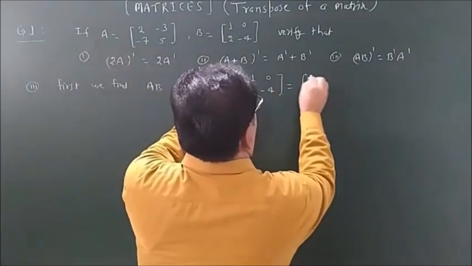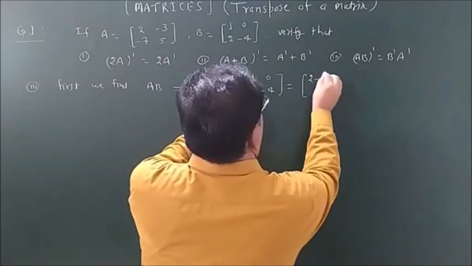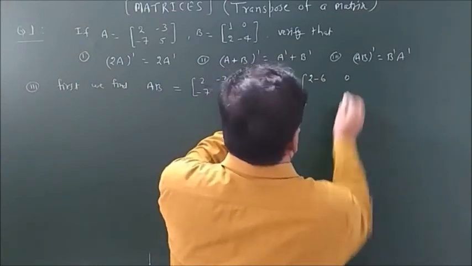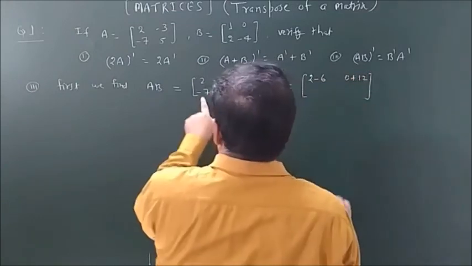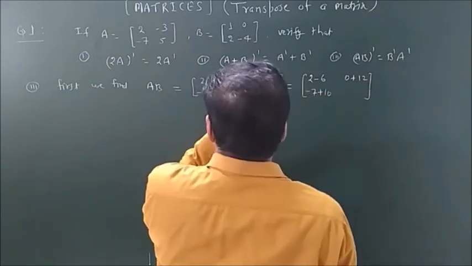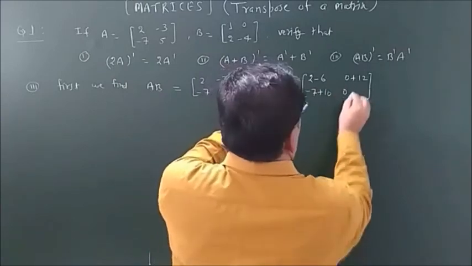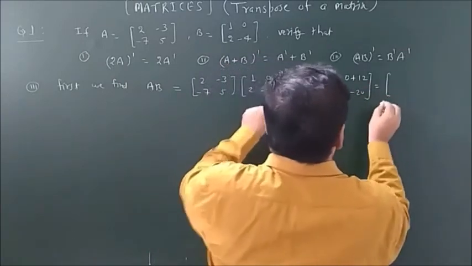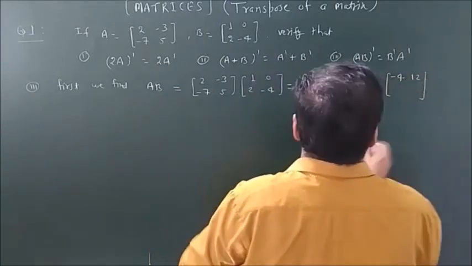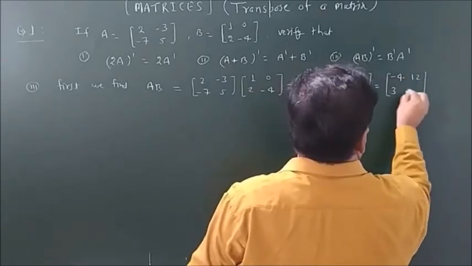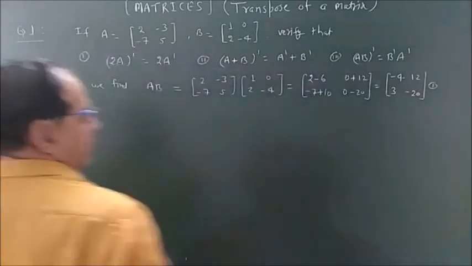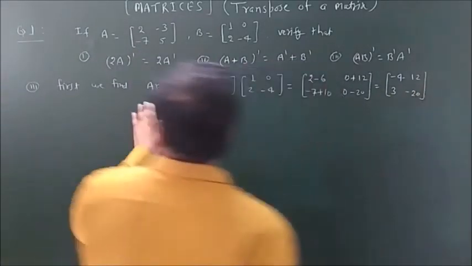We have 2 times 1 plus minus 3 times 2 gives minus 4, 2 times 0 plus minus 3 times minus 4 gives 12, in the second row minus 7 plus 10 gives 3, and 0 plus 5 times minus 4 gives minus 20. So we have [minus 4, 12; 3, minus 20]. This is the value of AB.